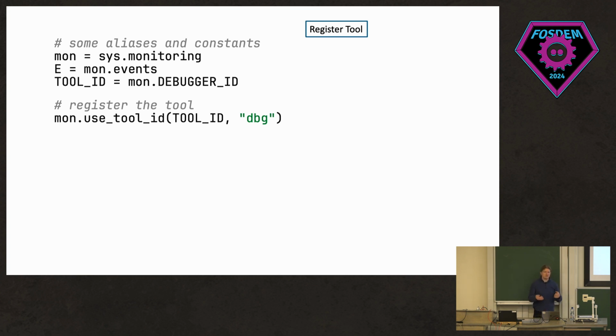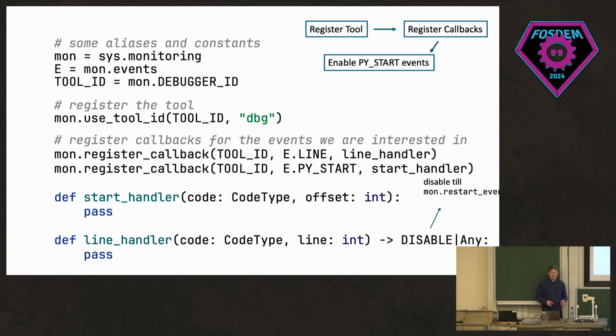We don't want to write sys.monitoring all the time because that's where the monitoring functions live, so we call it mon, and the events, it's also a bit long, so we call it mon.events. And then we have to assign the tool ID. The idea is that you can have multiple tools that are registered here. And for each tool, we register some callbacks.